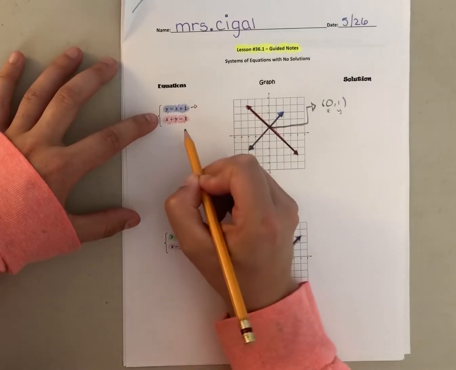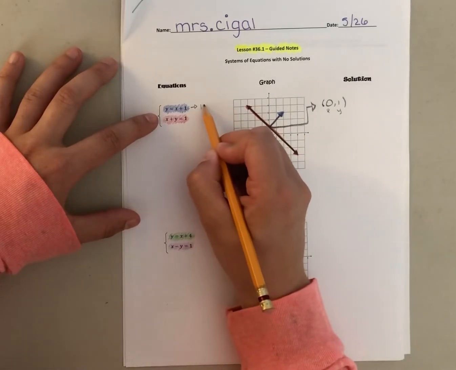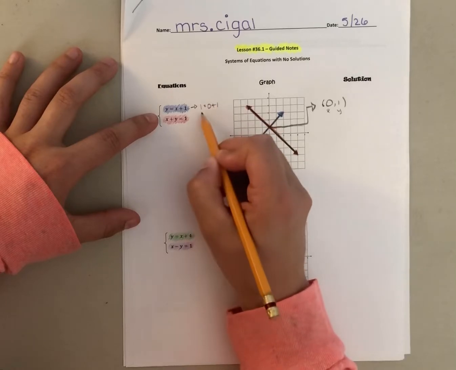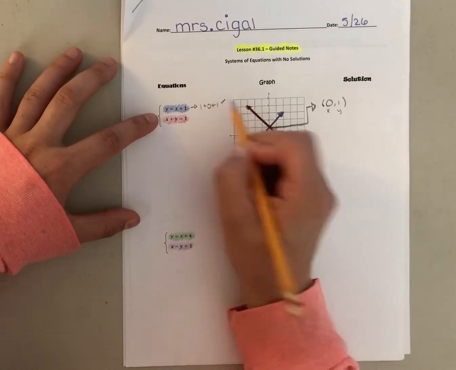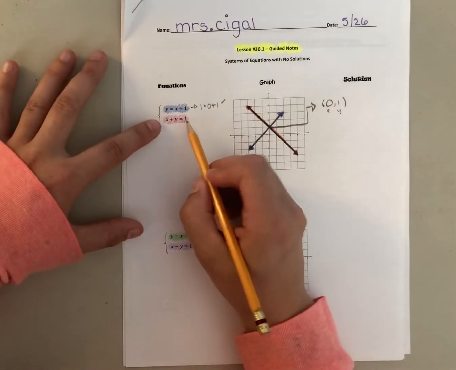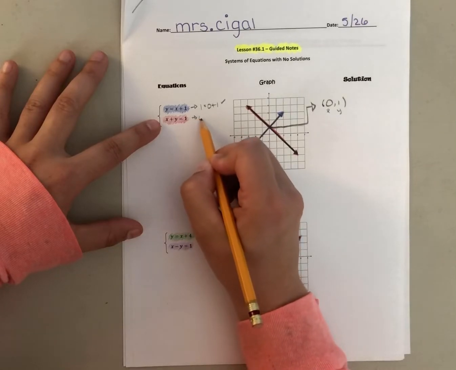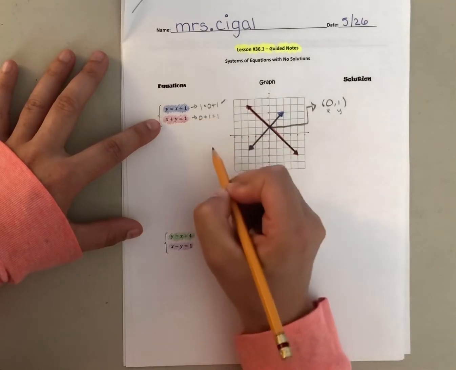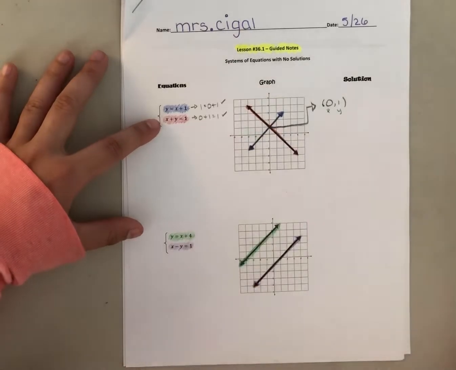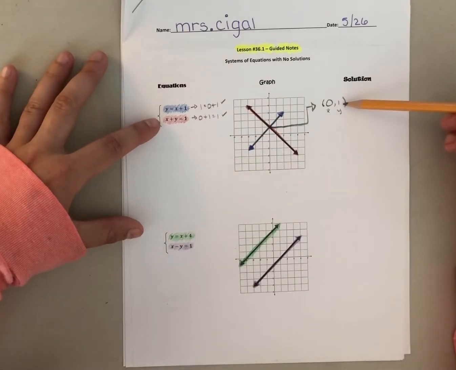Let's say I plugged it into this one. y is 1, x is 0. 1 equals 0 plus 1, that's true. If we plug it into this one, we would have 0 plus 1 equals 1, and that's also true.